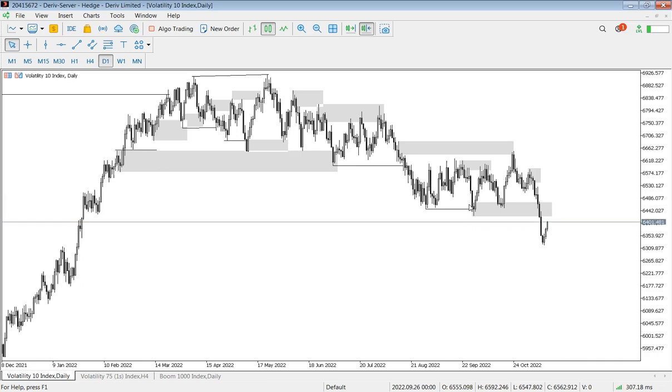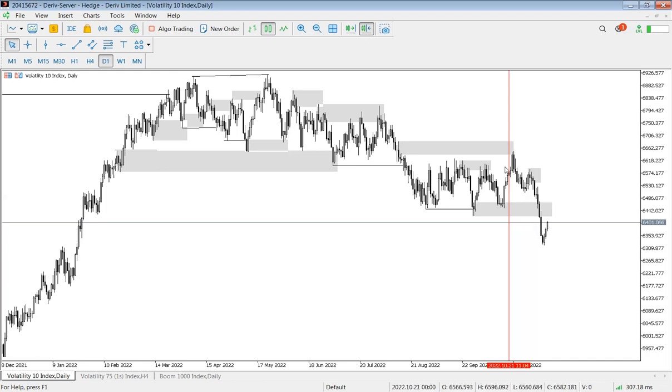So now, this is how I analyze and how I take my entry, and this is the daily time frame. We'll be using this place, how you can enter, how you can trade this whole move.